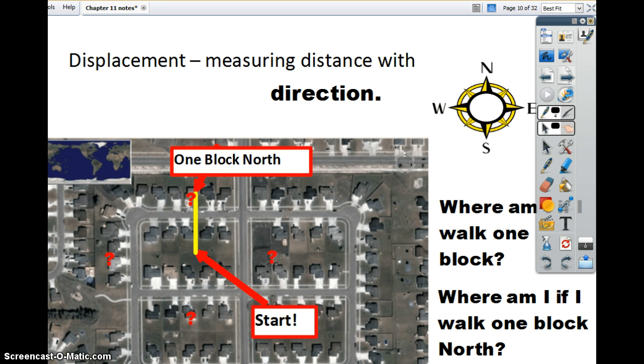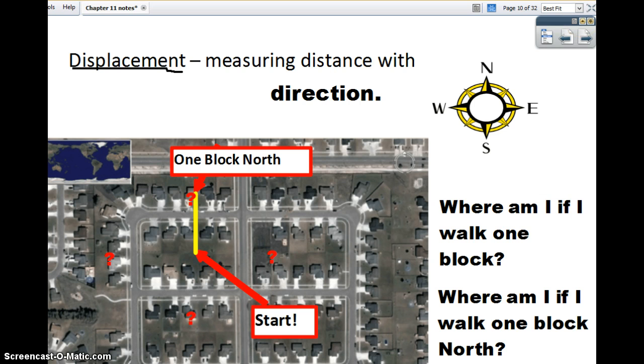Displacement. Displacement is a definition, so you should know that. It is measuring distance with direction. So there's a difference between distance and displacement. If I'm asking where am I if I walk 1 block, that would be figuring out the distance because there's no direction.